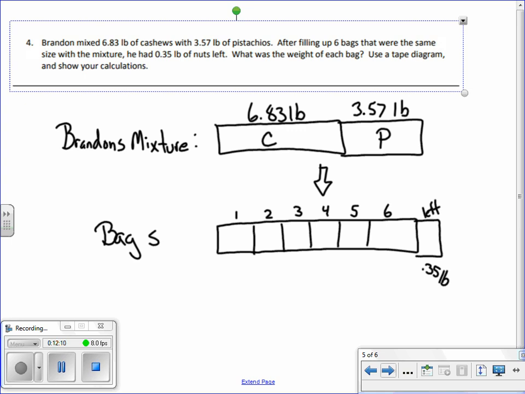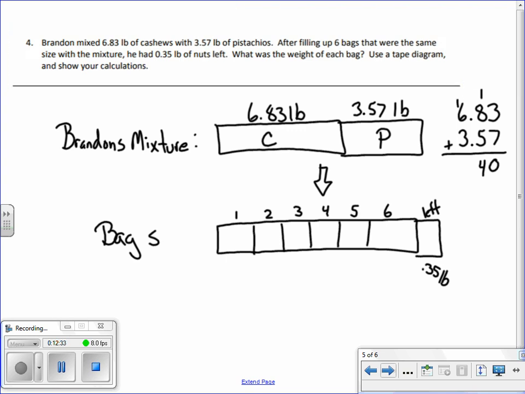Okay? So the first thing we've got to do is add together our pistachios and our cashews. So we get 6.83 with 3.57. We're going to add those together. 3 and 7 is 10. 8 and 5 and 1 is 14. So he has 10.40.